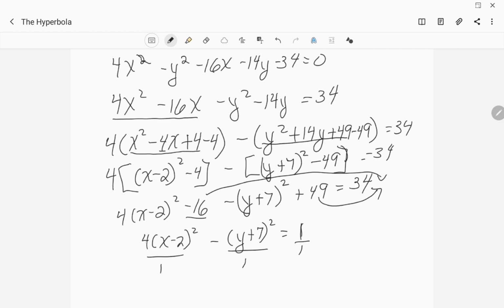Now, you cannot leave a coefficient in front of the (x minus h) squared. You can't leave a coefficient there. So the way I think of it is I'm going to divide this by 4 so that it's gone. But whatever I do to the top, I have to do to the bottom.